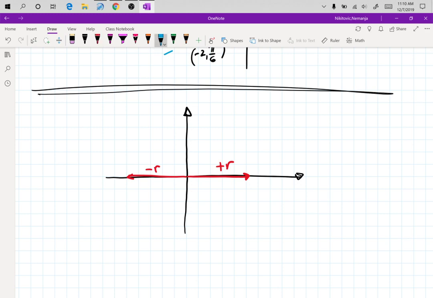You will have your positive thetas and your negative thetas, and over here your positive thetas and your negative thetas.